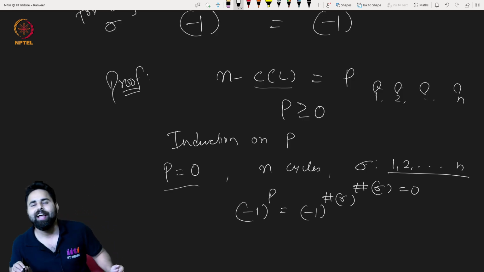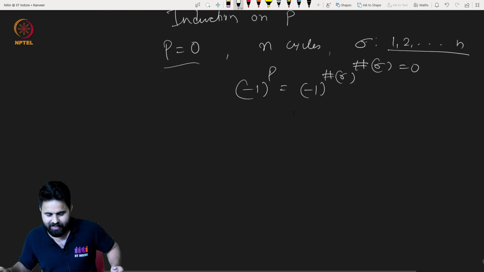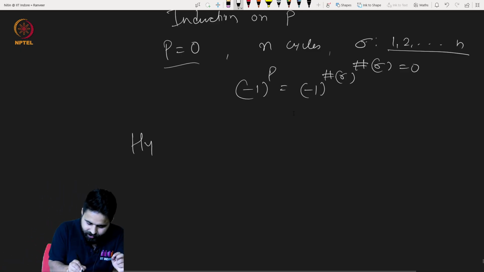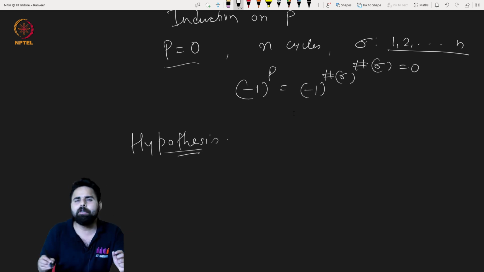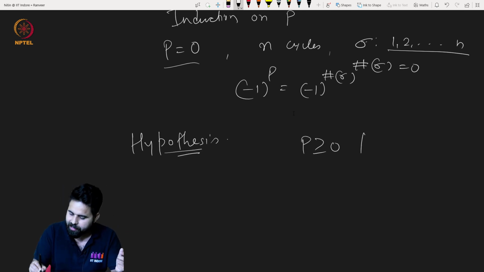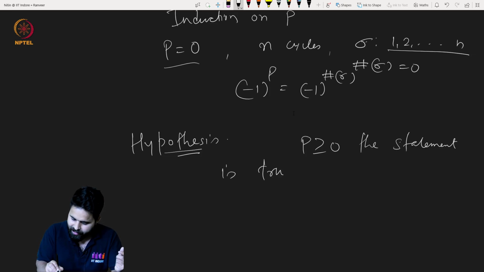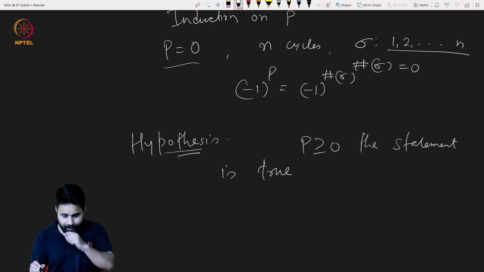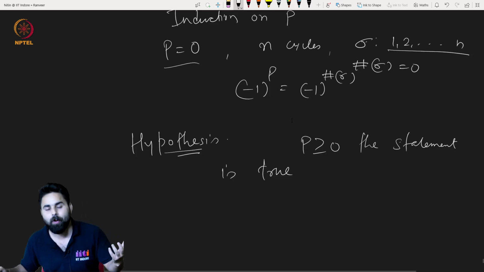Right. Now let us assume the induction hypothesis: assume that for some P greater than or equal to 0, the statement is true. Now what about P plus 1?